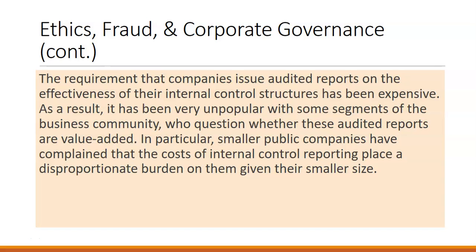So there's this conflict between how much it costs for companies to prove that they're doing all that they can to prevent fraud and to prove that the public should have confidence in their accounting information, and the idea that the public actually does trust accounting information. And what kind of cost should we put on that? And should that cost be a burden to the company in time and management? That is the end of chapter 19.